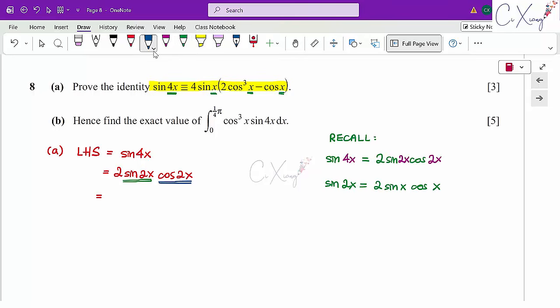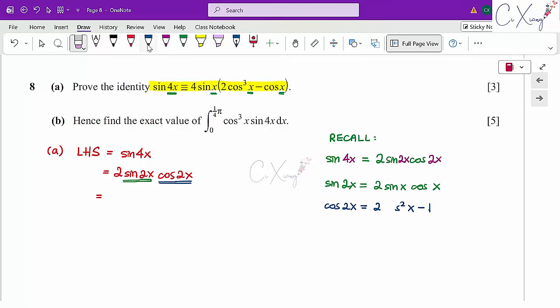Then for cos 2x, there are a few suitable identities that we can replace inside. If you have a look here, basically everything is about cos. So maybe I try to change cos 2x into 2 cos square x minus 1.